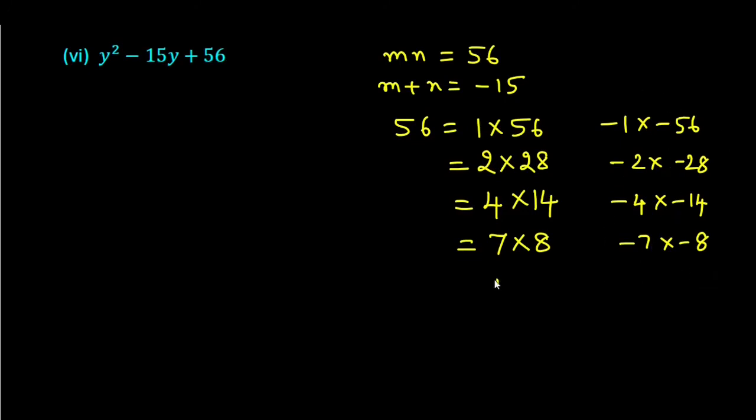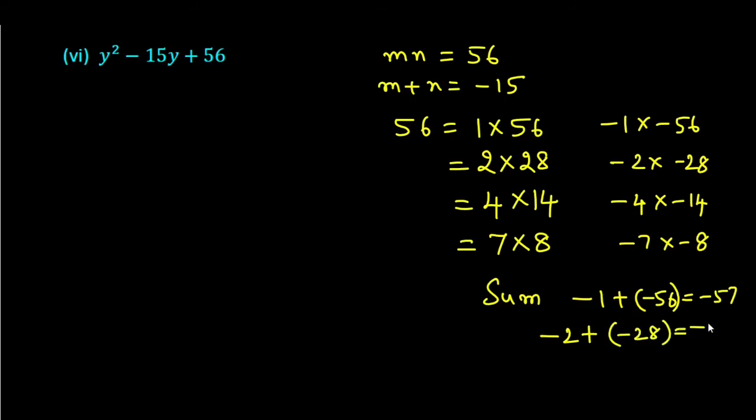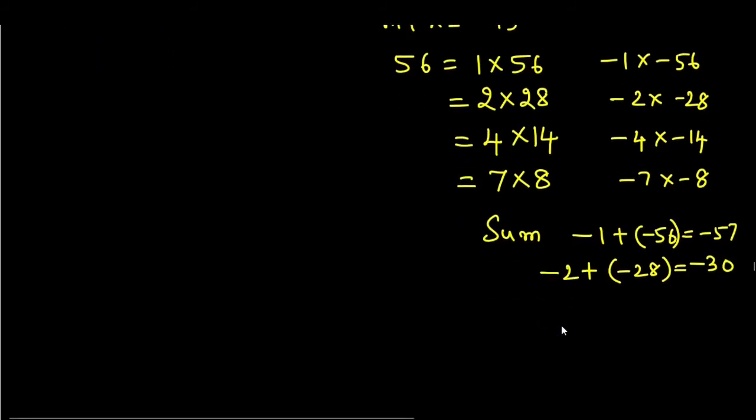Now let us take the sums. Minus 1 plus minus 56 is minus 57. Minus 2 plus minus 28 is minus 30. This is also not the right pair.